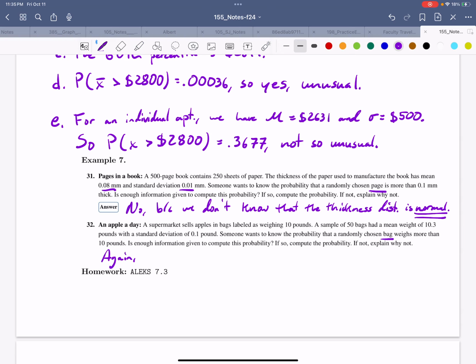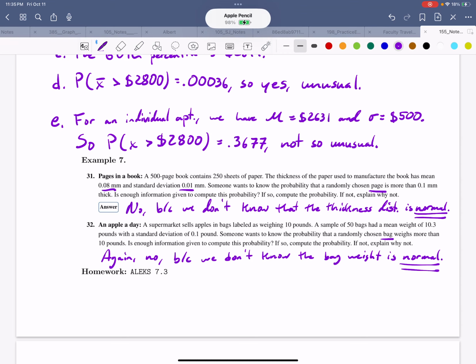Again, no, because we don't know the bag weight is normally distributed. If they said a randomly chosen set of 50 bags, that would be different. They just said a single randomly chosen bag. So that's all I've got.